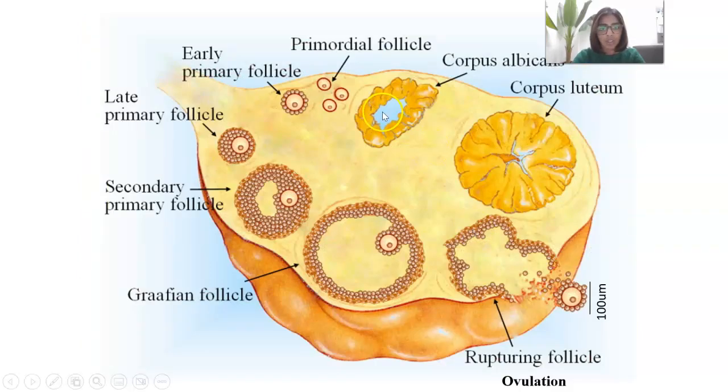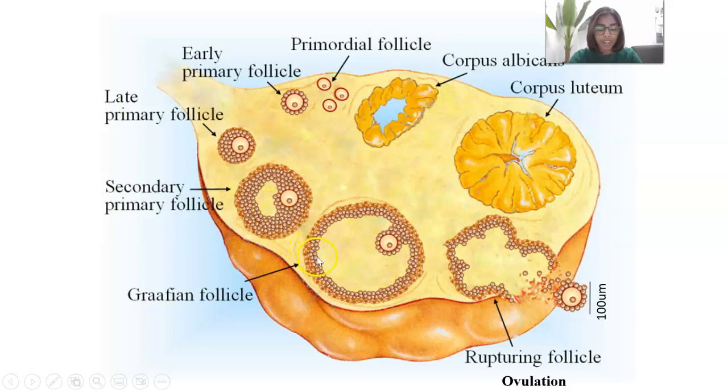Okay, so here's a little summary showing that process of the ovarian cycle. So we start off with the primordial follicles, which will then mature and grow into the primary follicle. We can see that layer of follicular cells round about the outside. That primary follicle will continue to develop and mature, and we start to see this follicular fluid filling the cavity space.